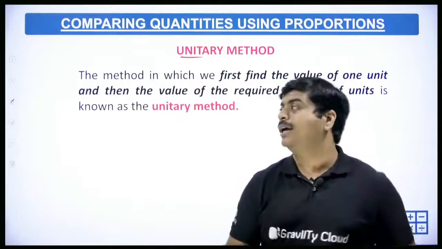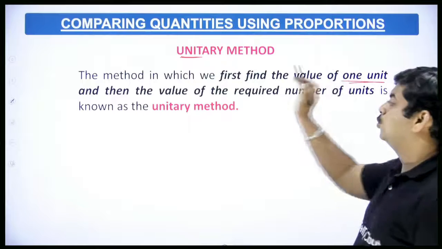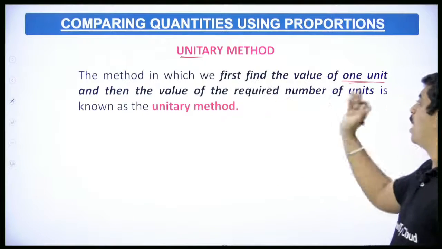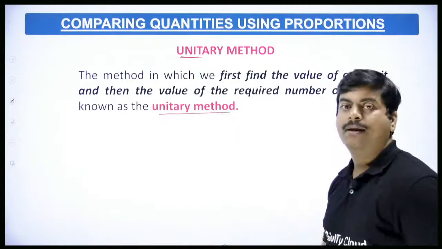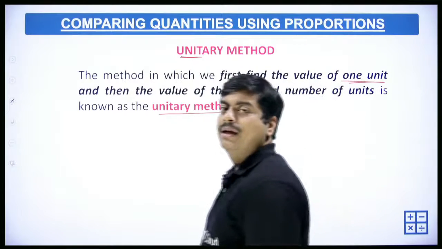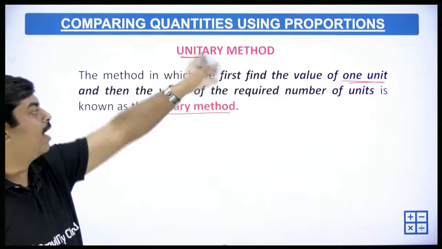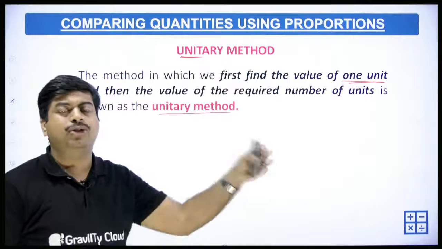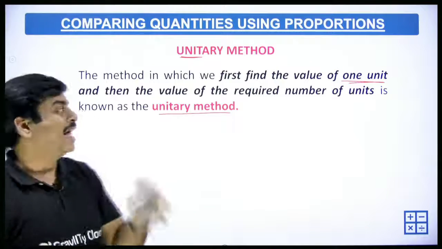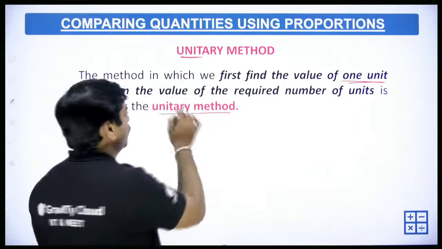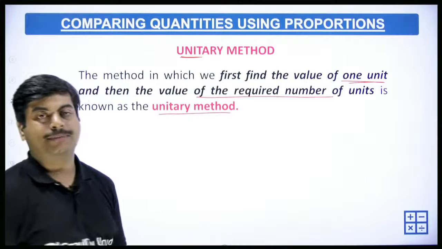The method in which we first find the value of one unit, maybe one apple, one chocolate, one book, and then from there get the required number of units is called the unitary method.